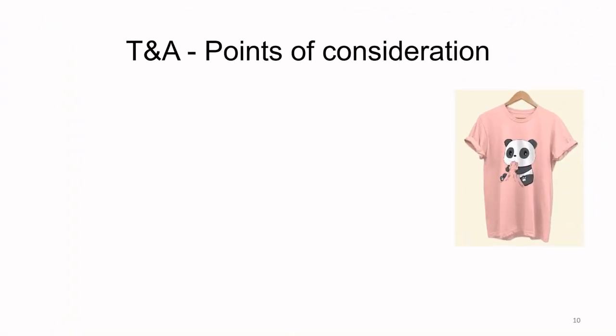We will now look at the points of consideration while making the time and action calendar. And for now, we'll take this example of the peach colored t-shirt with a 3-color baby panda print on the chest. So the first point of consideration is the production capacity of the plant.